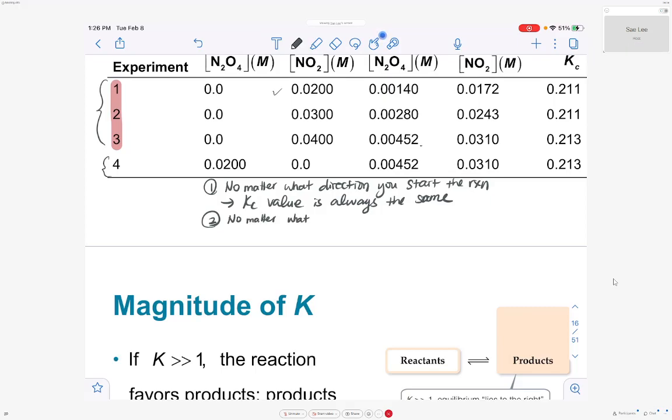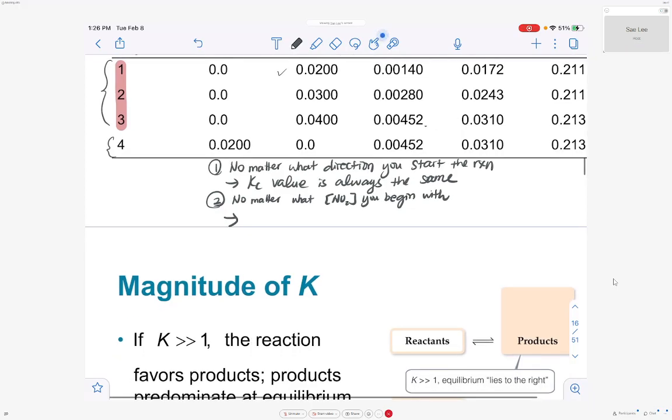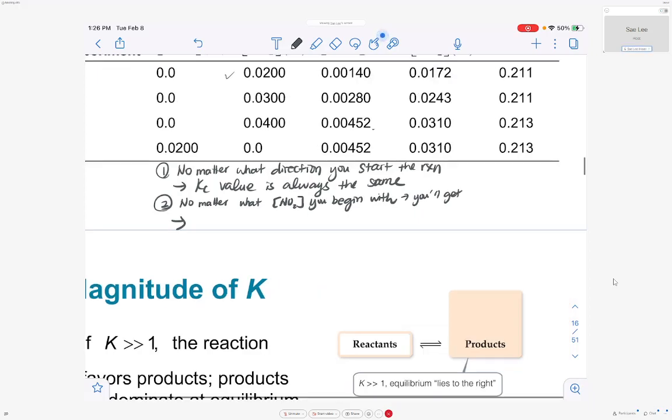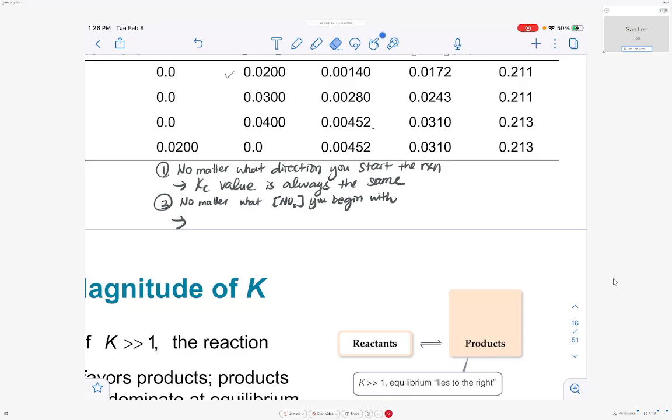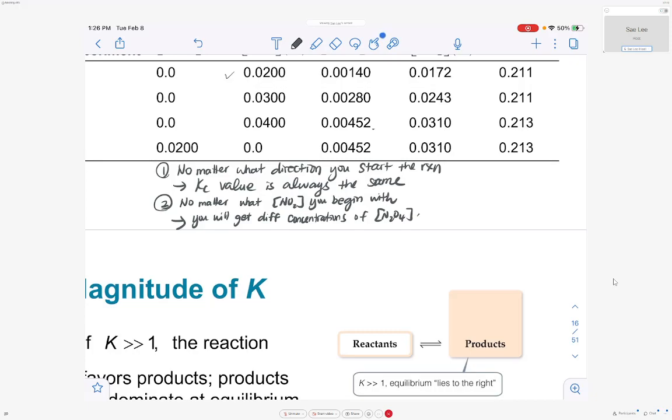No matter what concentration of NO2 you begin with, you'll get different concentrations of N2O4 and concentration of NO2 at equilibrium, but the Kc value is always the same.